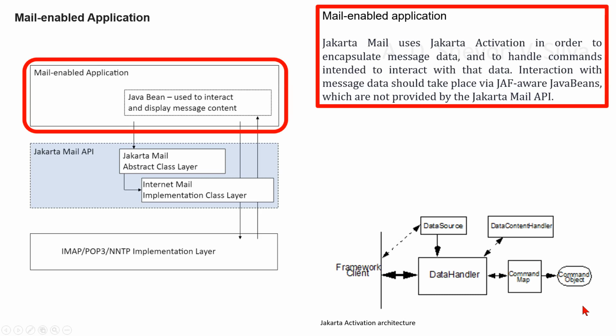Jakarta Activation leverages as much of that existing technology as possible. Jakarta Activation integrates these mechanisms. This diagram shows the major elements comprising the Jakarta Activation architecture. Note that the framework shown here is not bound to a particular application.